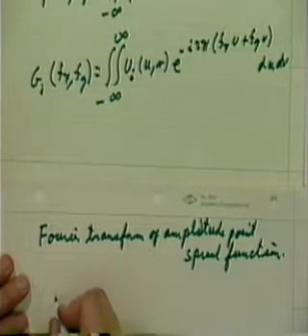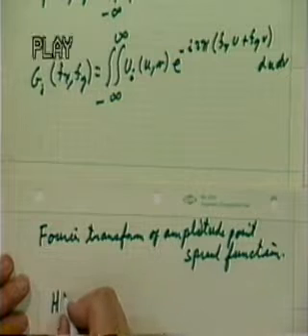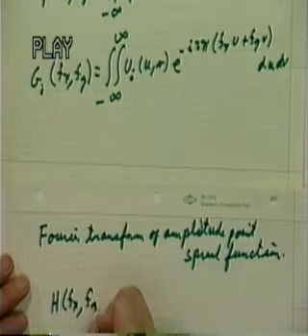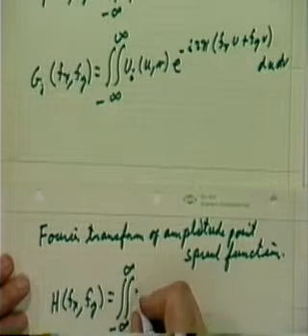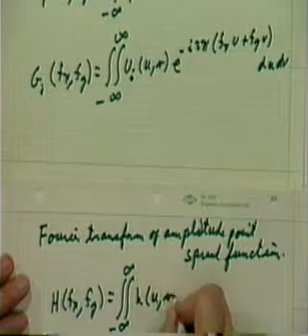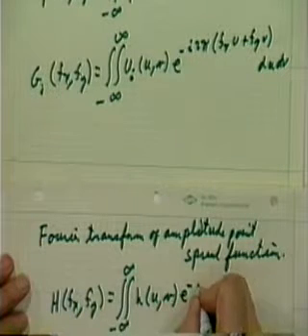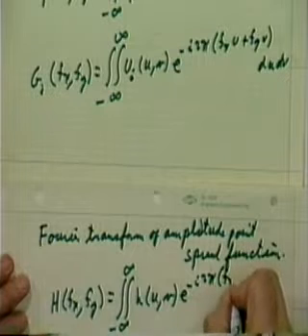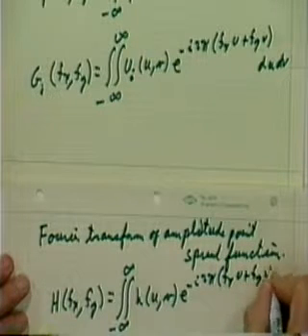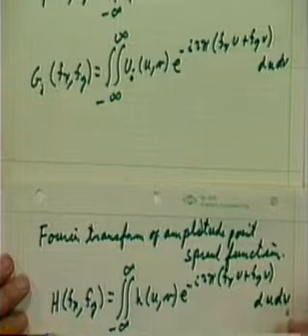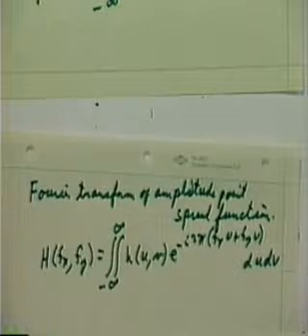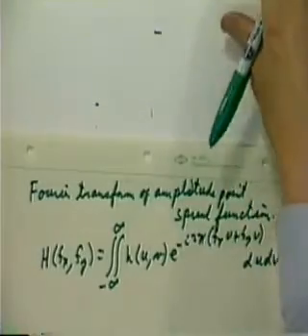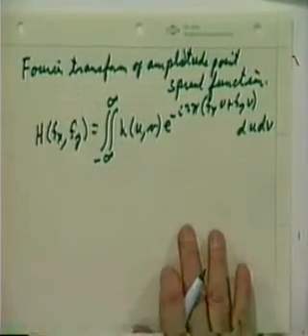And so we'll call that capital H of f sub x, f sub y. Fourier transform here of h of u v, e to the minus i 2 pi f sub x u plus f sub y v du dv. So that's the Fourier transform of the amplitude point spread function.